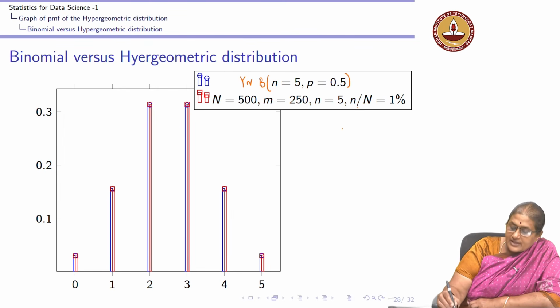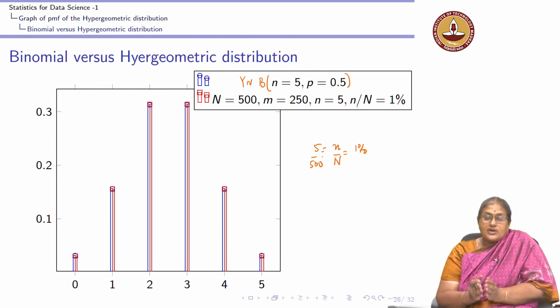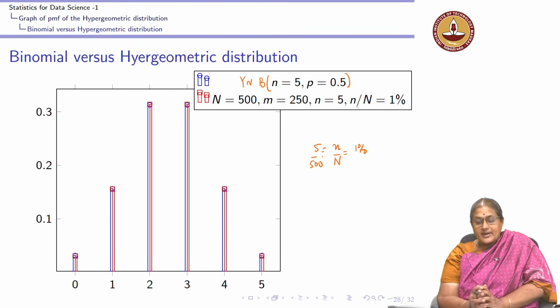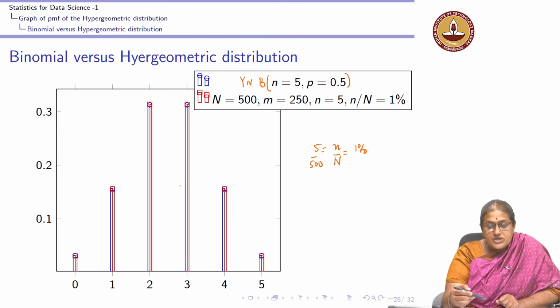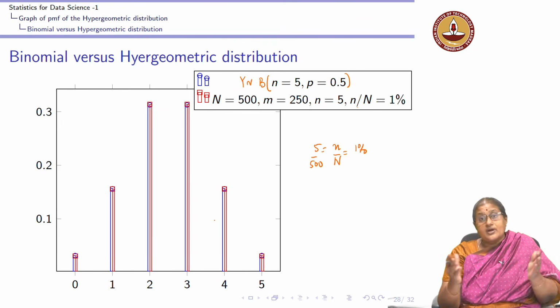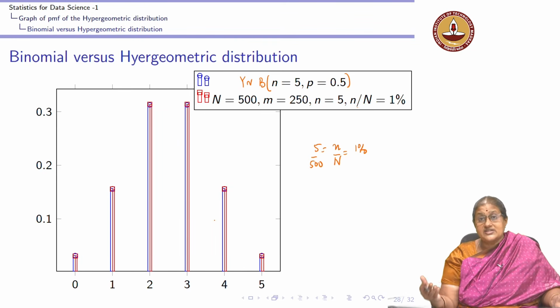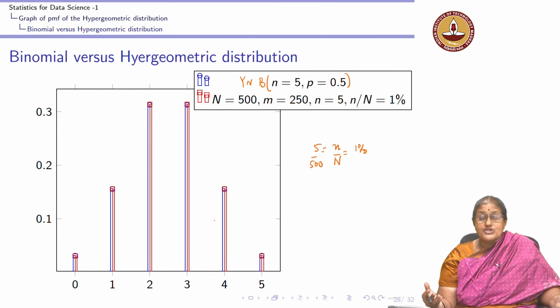If you look at the ratio n by N, it is about 1%, n equal to 5 and N is 500. So, you can see that n is very small as compared to your capital N. We can see that the distribution of the hypergeometric and the binomial distribution are almost the same. This is what we have just established when it is about 1%, that is 0.01.